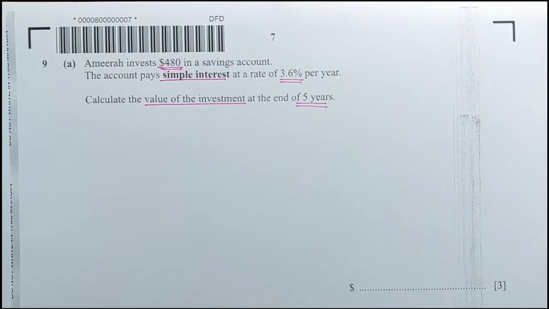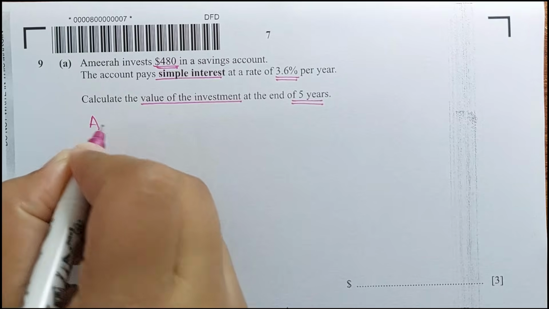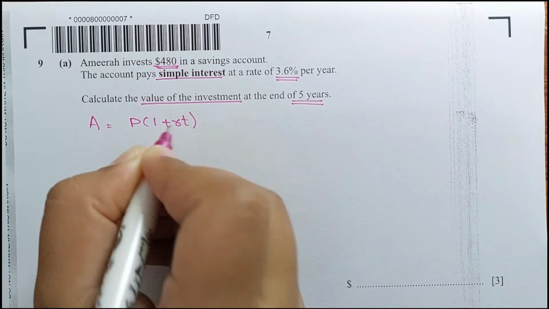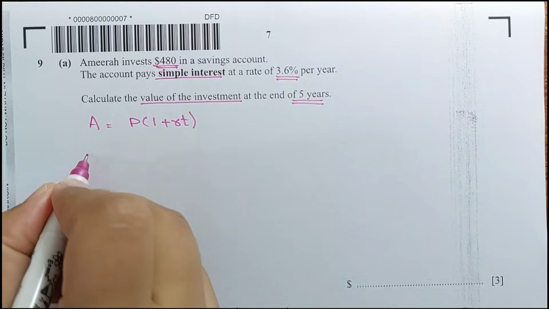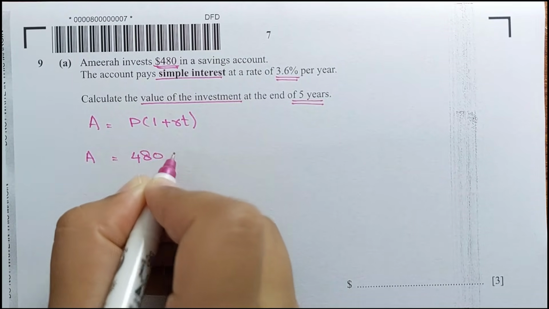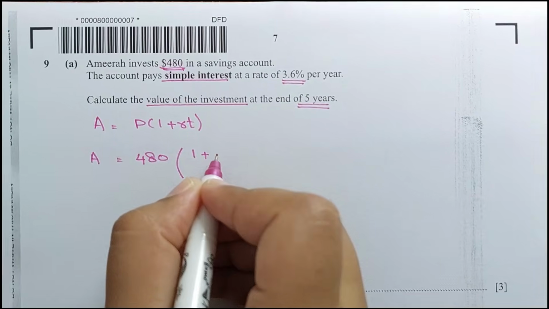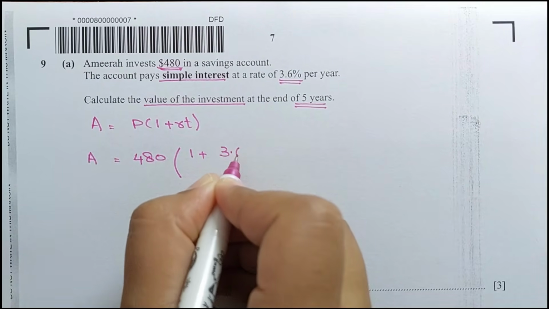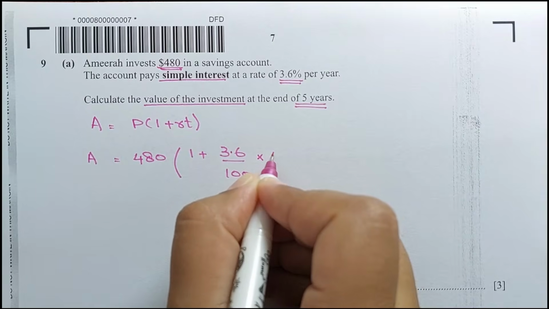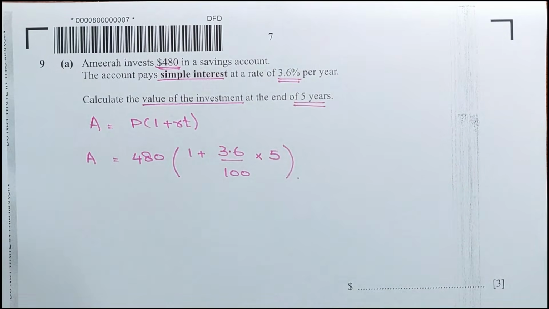Okay, so the value of the investment is basically the amount A equals P times (1 plus RT). That is the formula for simple interest. Amount we have to calculate. P is the investment, that is $480, R is the interest rate, 3.6 over 100, and T is the number of years, which is 5.